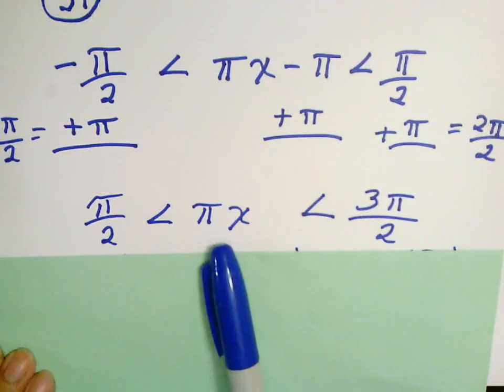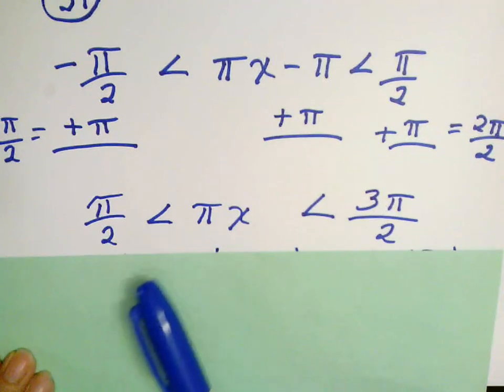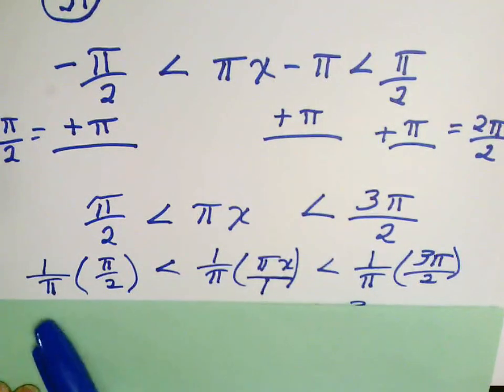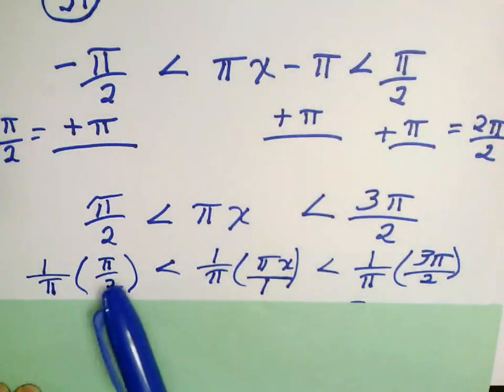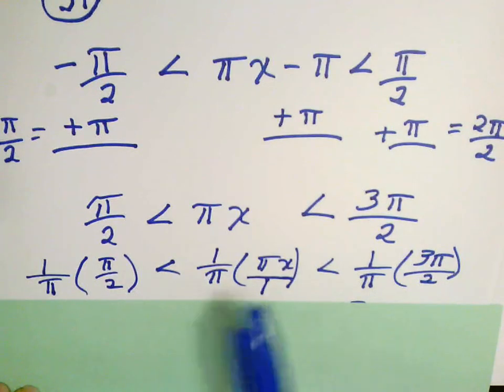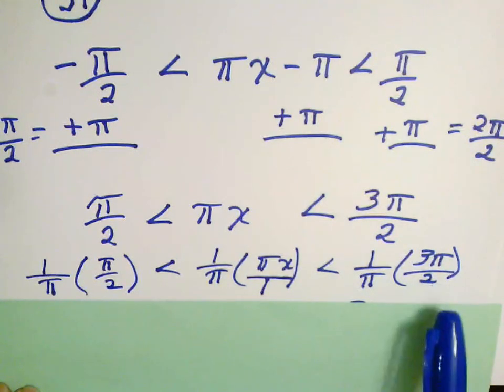So we're going to divide all 3 sides by pi. Dividing by pi, remember, is the same thing as multiplying by its reciprocal, which is 1 over pi. So it's going to be 1 over pi times the quantity pi over 2, less than 1 over pi times pi x over 1, less than 1 over pi times 3 pi over 2.